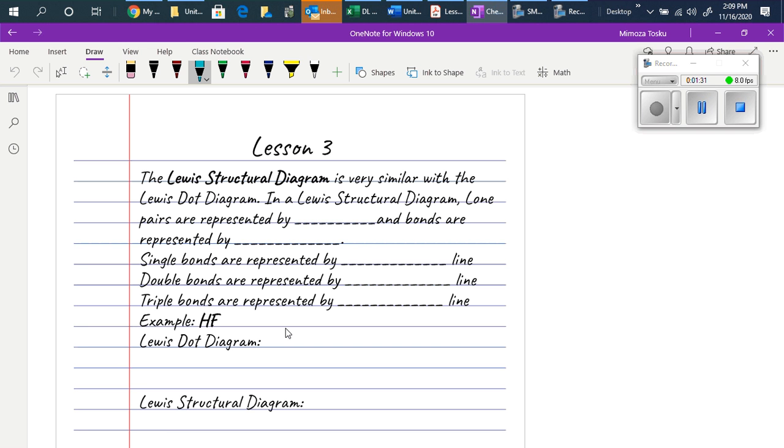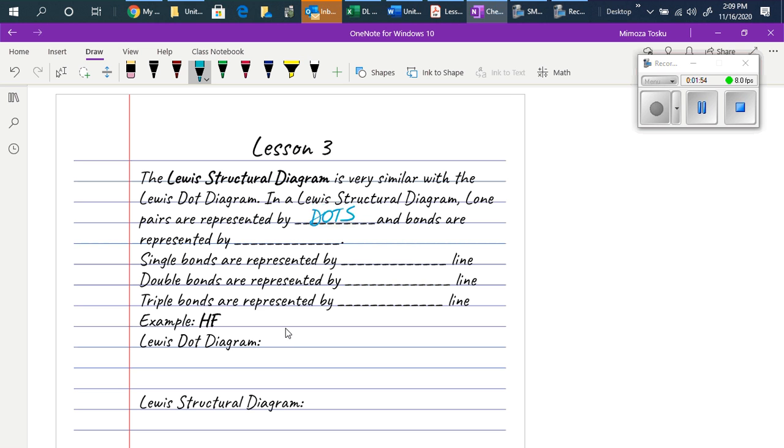So when we see the Lewis dot diagram, we see the electrons represented by dots, and bonds are in the Lewis dot diagram as well.